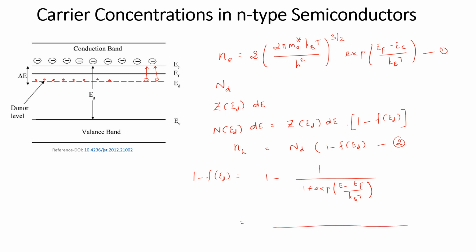I can take the LCM. 1 plus exponential E minus EF by KBT minus 1 over 1 plus exponential E minus EF by KBT. So this 1 minus 1 gets cancelled.